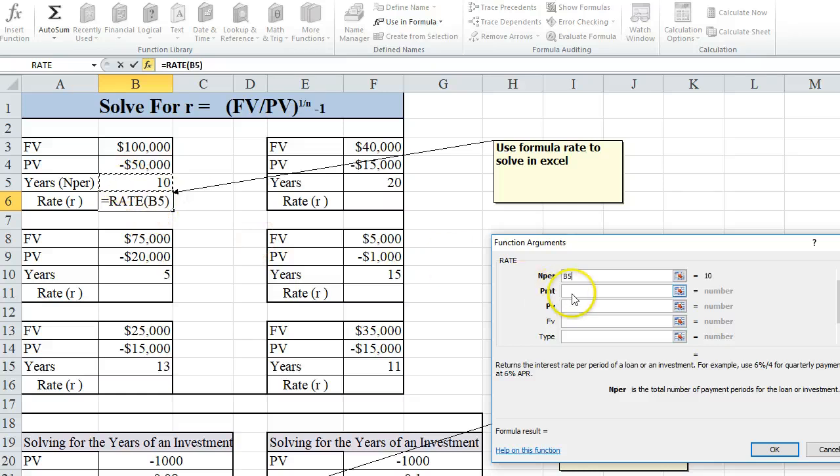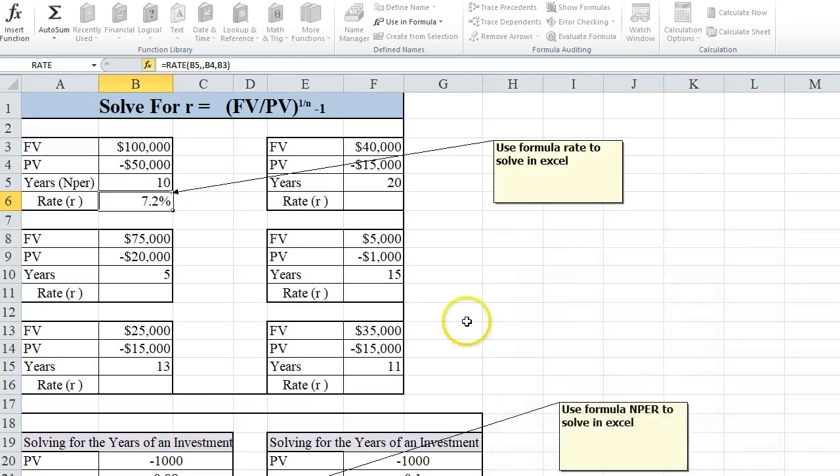So we could use that as our N per, our present value, and we also have our future value. As long as you have three conditions, we can calculate the fourth. So it's just simple algebra. So I have the future value, present value, and the N per. This will be able to calculate the rate for me. So the rate here would be 7.2.